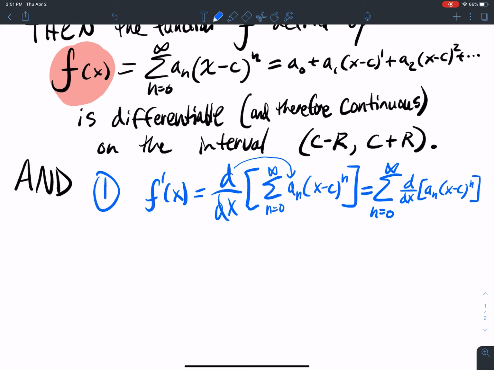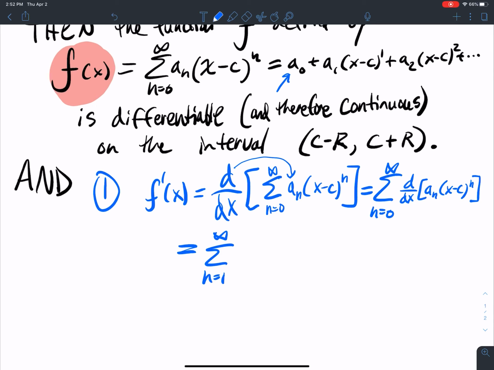Okay? Now, at n equal to 0, all we have is this term a naught, which is a constant, and so the derivative of a constant is 0, okay? So that first term, n equals 0, ends up going away, okay? So we start at n equal to 1 and go to infinity.